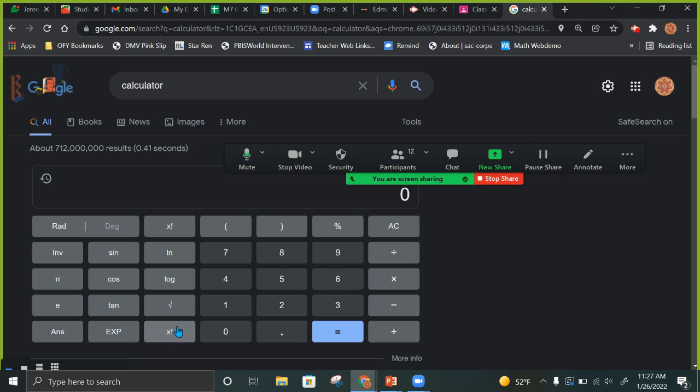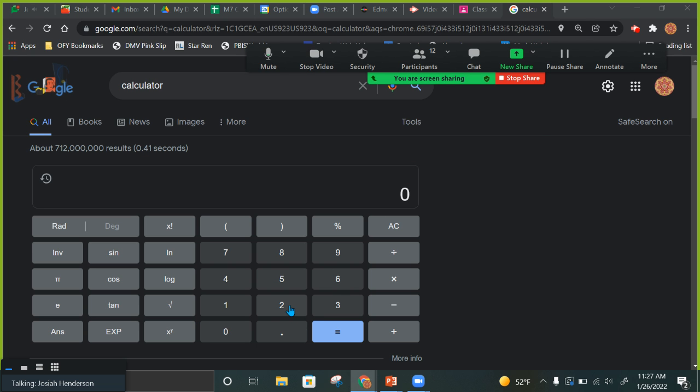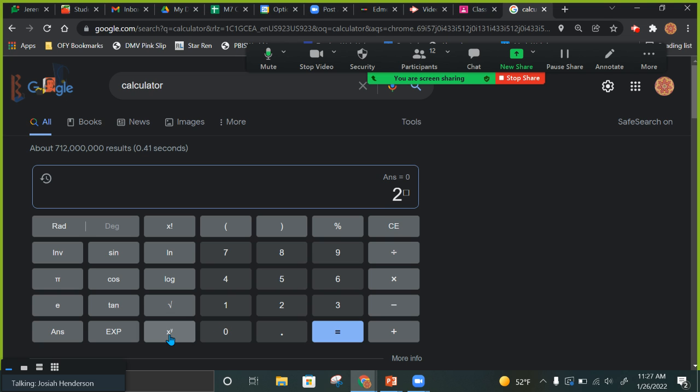It's this one, x to the y power. So how do I want to type it in here? We did 2 to the 9th, right? So 2, and then hit this button, x to the y, and then 9. Look, it set it up like an exponent, and then hit enter. 512. And then we have to do that times 5 at the end. So Google Calculator is an option if you're on your phone. Maybe that'll be easier. It's up to you.